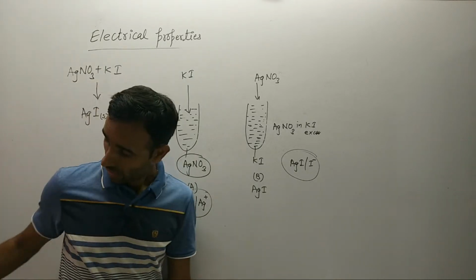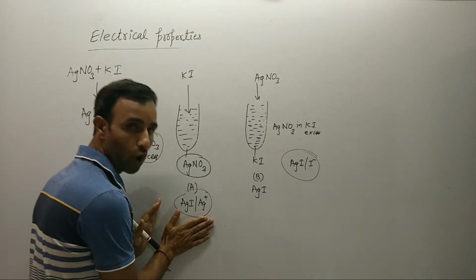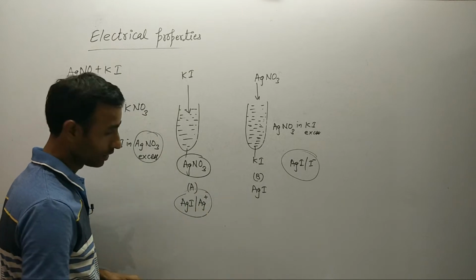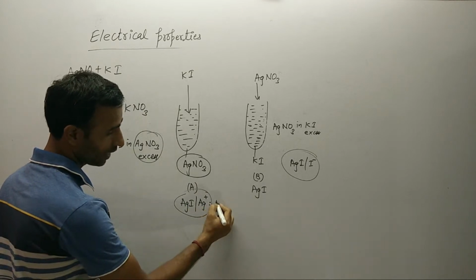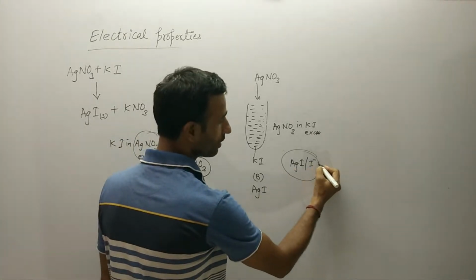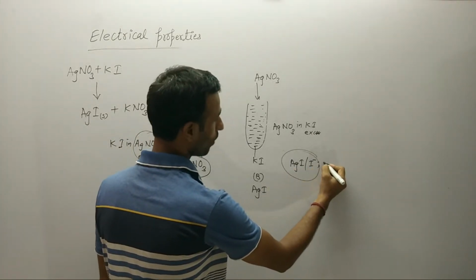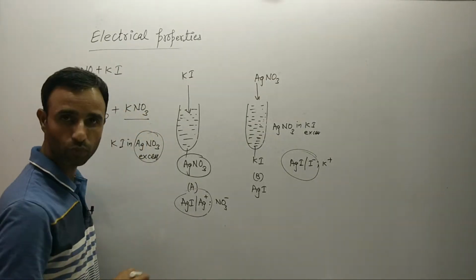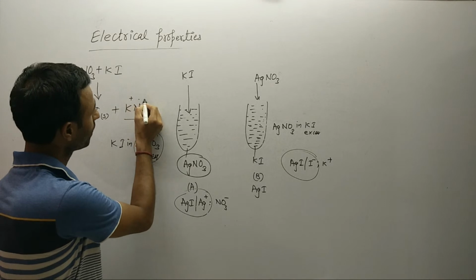Now, when this is formed, this positive ion attracts negative ion towards it, and this negative ion attracts positive ion towards it, because KNO3 is formed along with it, so K+ and NO3-.